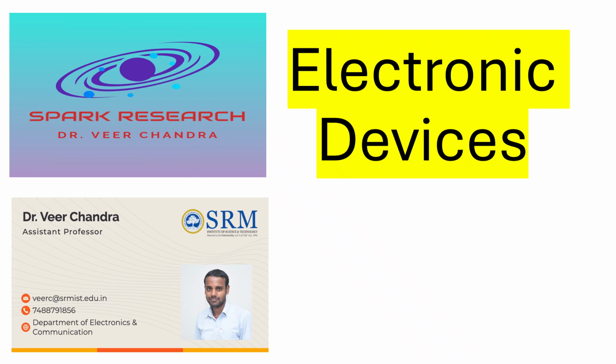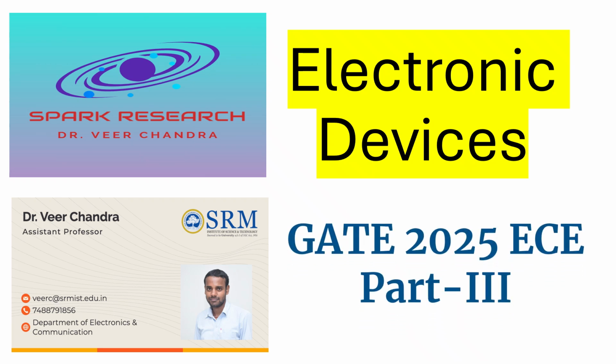This is the third part of this series, GATE 2025, and we are going to take more questions from the course Electronic Devices. For the remaining two parts, you can find the link in the description section.